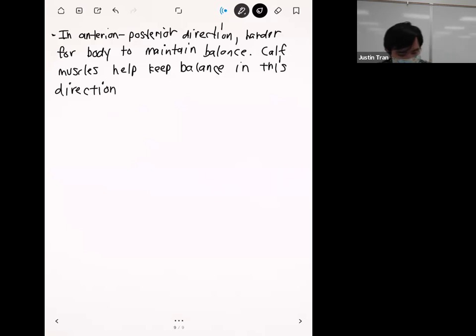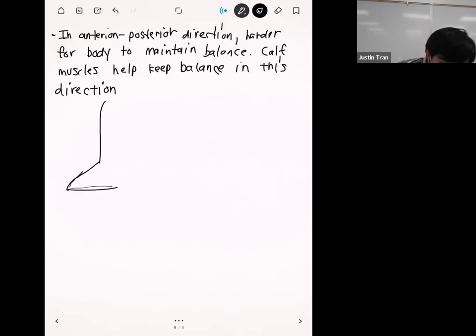And so if we draw a free body diagram, or just a diagram, let's say that this is a person's foot, the most flat-footed person in the world, okay? And so we know that our calf muscles are responsible for plantar flexion, right?